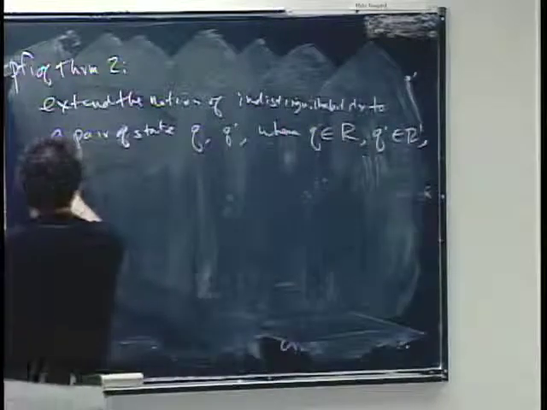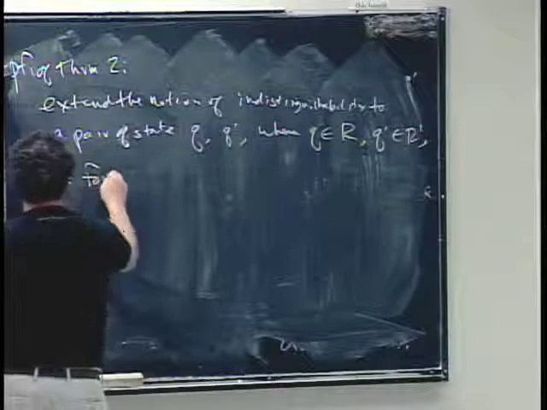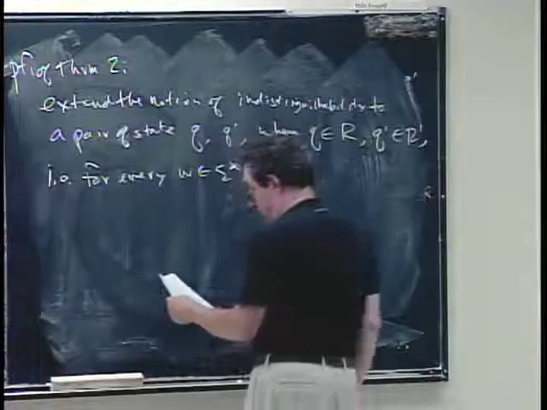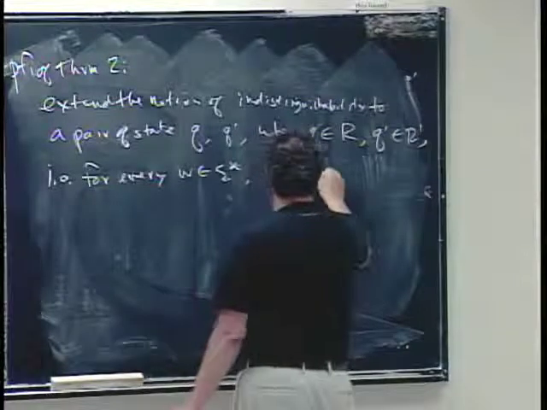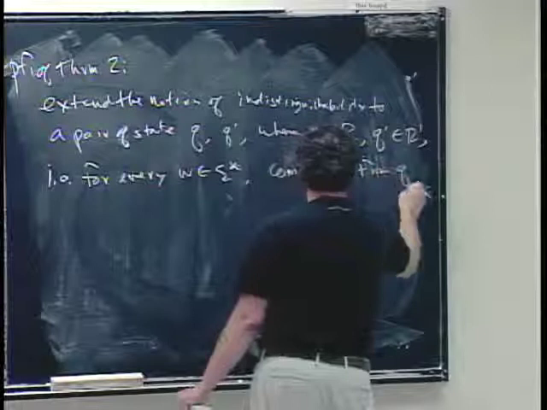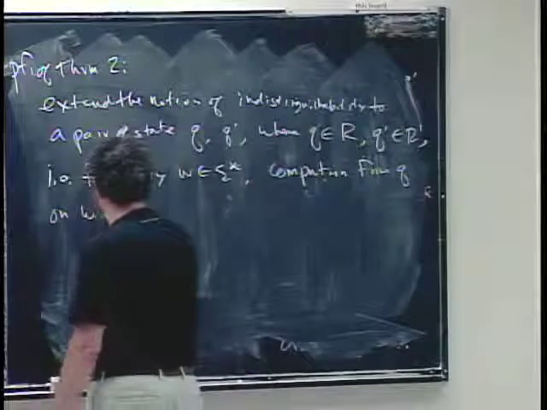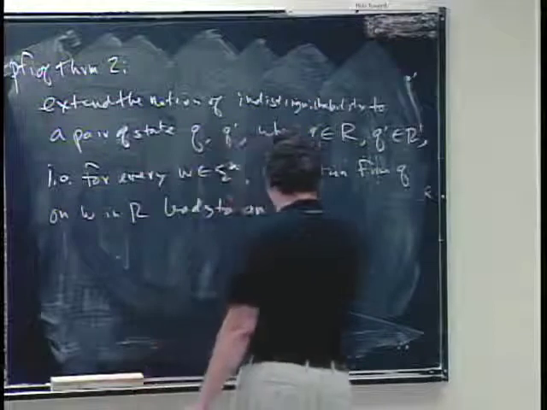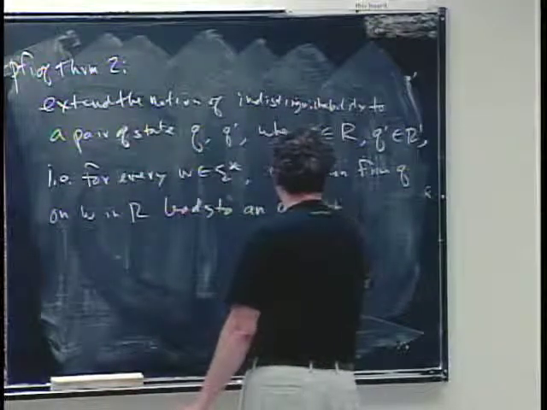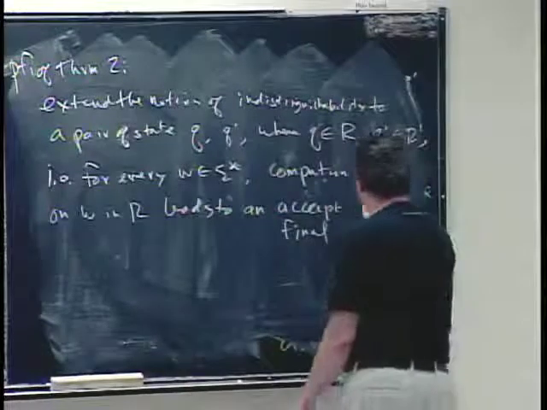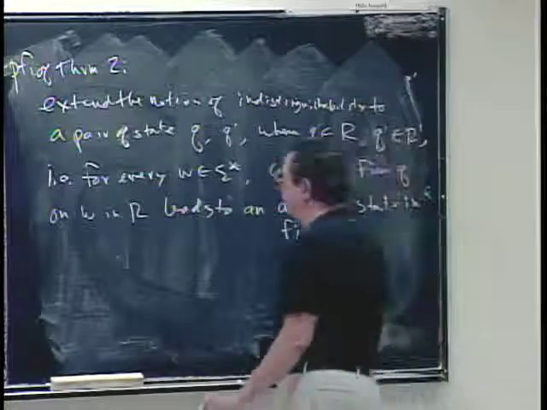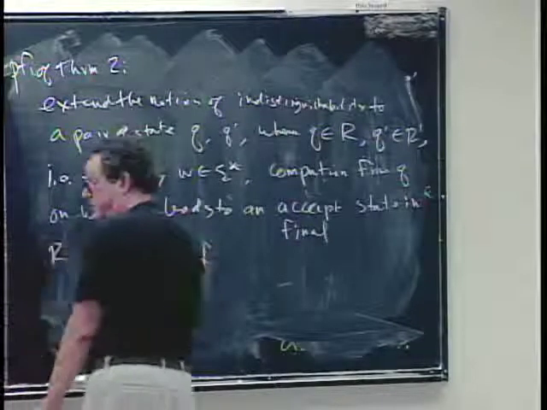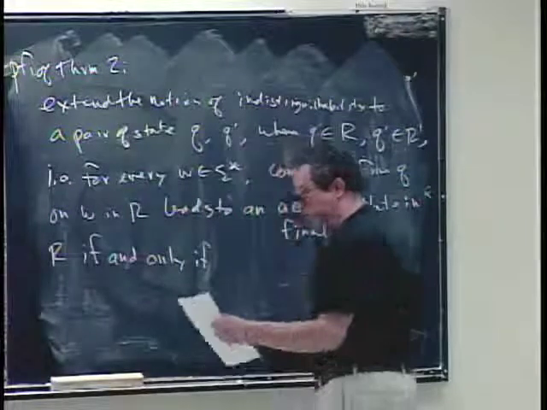It means that for every string W in sigma star, the computation from Q on W in R leads to an accept state, or final state, whatever you want to call it, in R, if and only if the computation from Q prime in R prime on string W leads to a final state or accept state. It's very tiresome to write this, but it's easy to say it, and I think you'll get the idea in a picture in a minute.